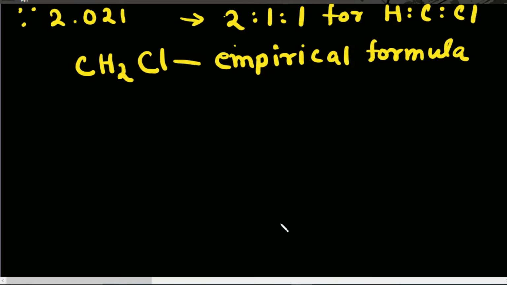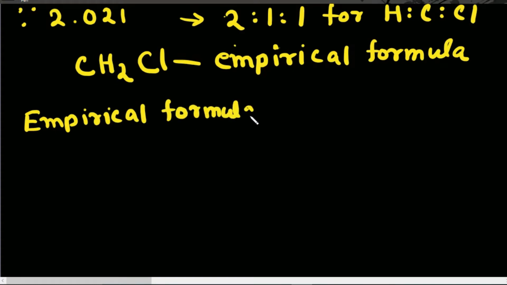Next, we need to find the molecular formula of the compound. To find out the molecular formula, first of all, we need to determine the empirical formula mass. To determine it, we need to add the atomic masses of the various elements present in the empirical formula.